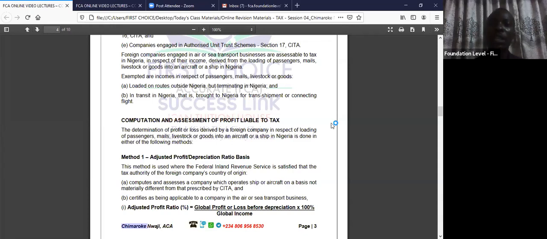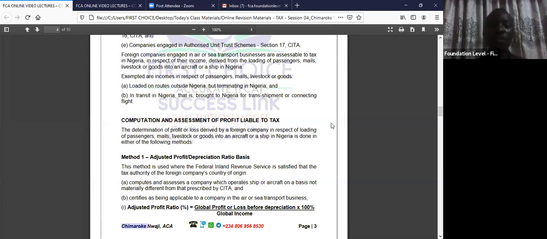So let's say British Airways have a branch in Nigeria, in Ghana, and in Britain. All the income that does not belong to Nigeria is just one. Nigerian income is one. So we have Nigerian income, we have non-Nigerian income.